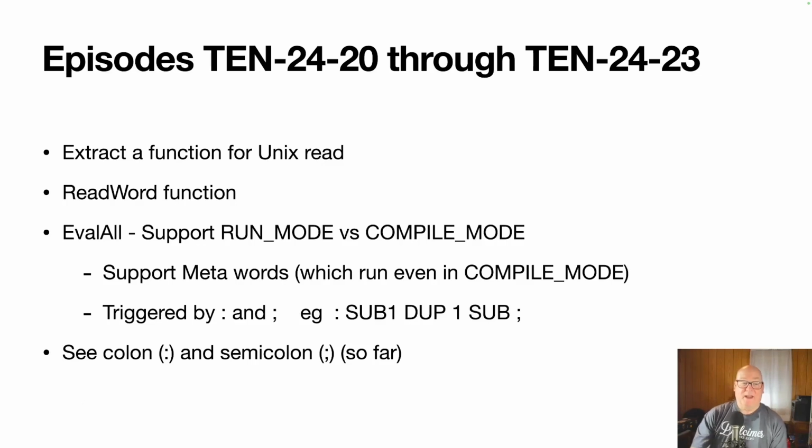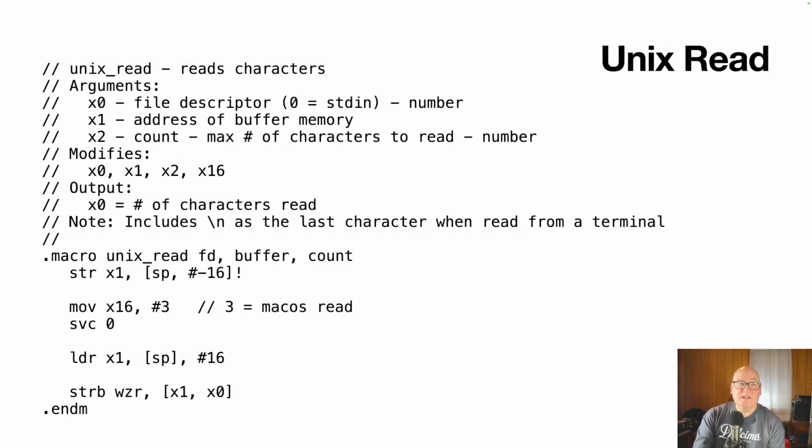Okay, so Unix read, we've defined that as a macro, and it takes 3 arguments. The first is the file descriptor, which is 0 for standard in. The second is the address of the buffer memory, where we're going to put the stuff we read. And third is the count. How many characters do we want to read maximum? And the output is x0, the number of characters read.